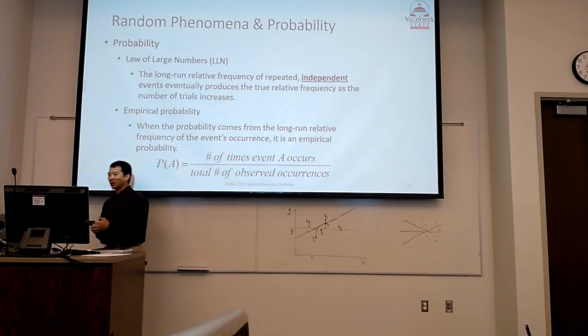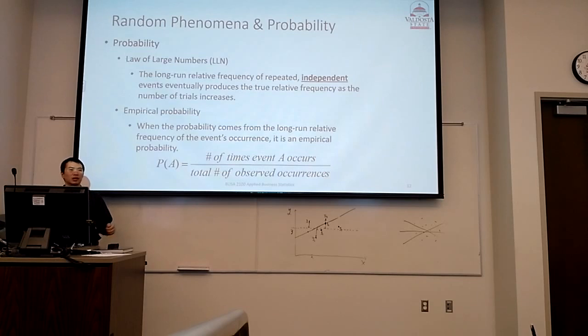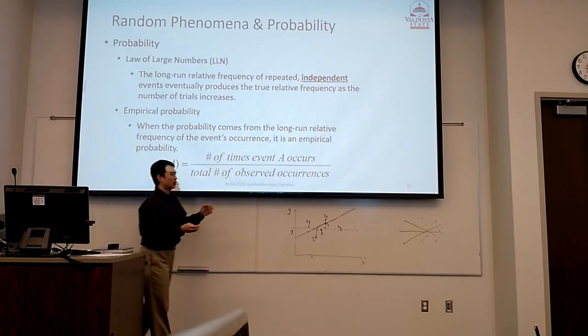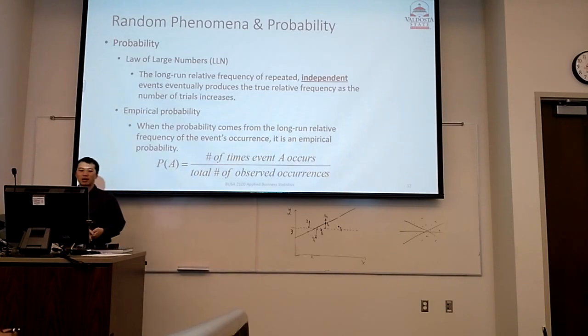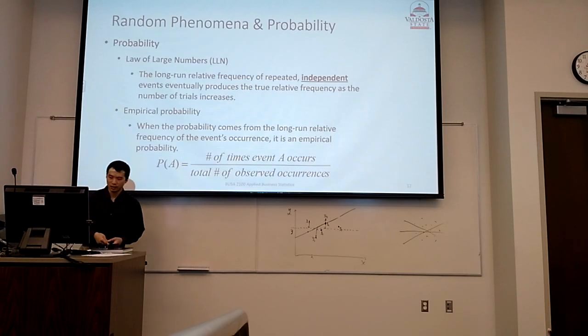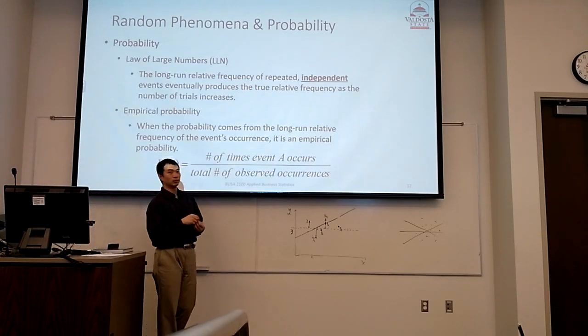Then we will talk about different types of probabilities. The first one is called empirical probability. When the probability comes from the long-run relative frequency of the event's occurrence, it's called empirical probability.